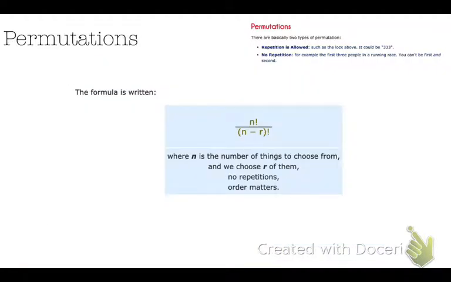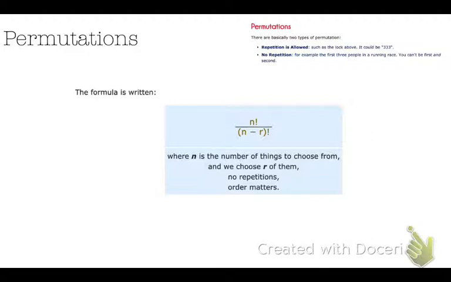Okay, and there is a formula for this, and I would write this formula down. This is the permutation formula, and it's n factorial over n minus r factorial, where n is the number of things we choose from, so that's our total number, and r is the ones we are taking out.